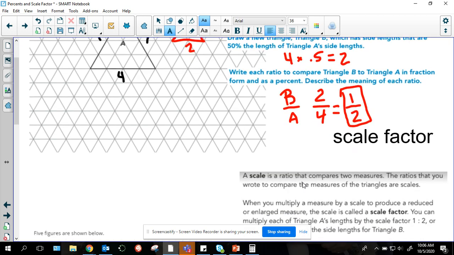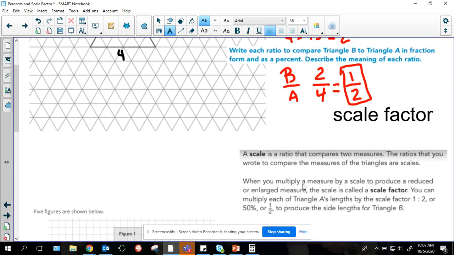And a scale factor is the number you use to reduce or enlarge a figure, okay? And we can say it as 1 to 2, we can say it as 1/2 or 50%.